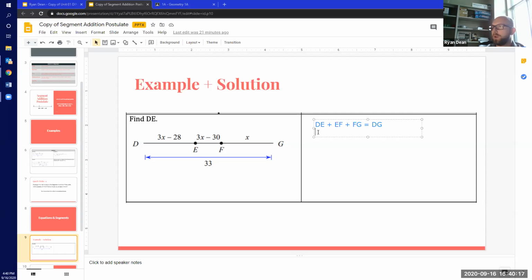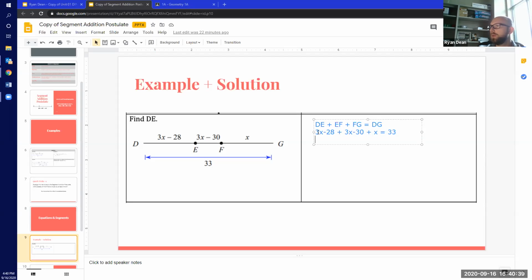So now I just plug in what I know. So I've got 3x minus 28 plus 3x minus 30 plus 1x is equal to 33.